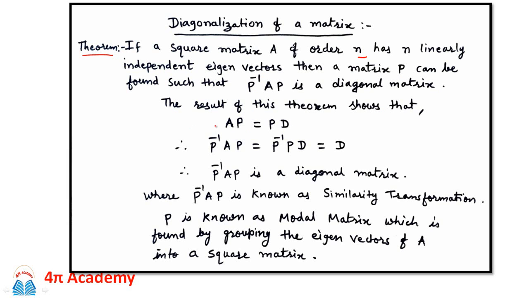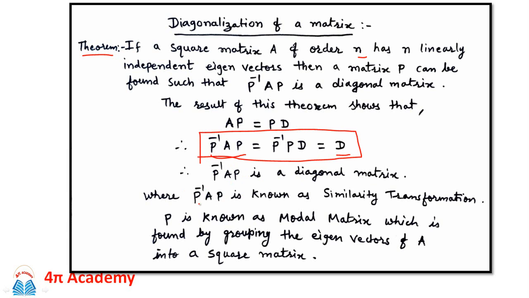If I pre-multiply on both sides by P inverse, then I will get P inverse AP is equal to P inverse PD. This P inverse PD will be equal to D, because P inverse into P is the identity matrix. So the diagonal matrix D is defined as P inverse AP.